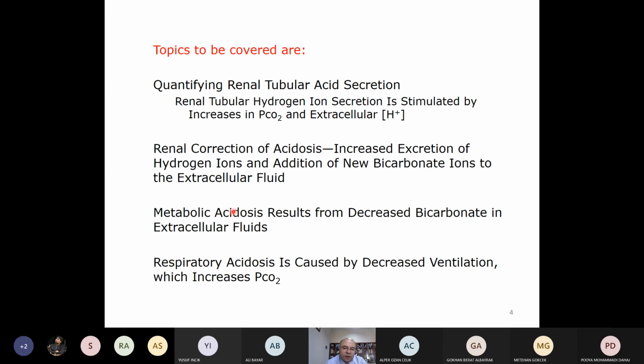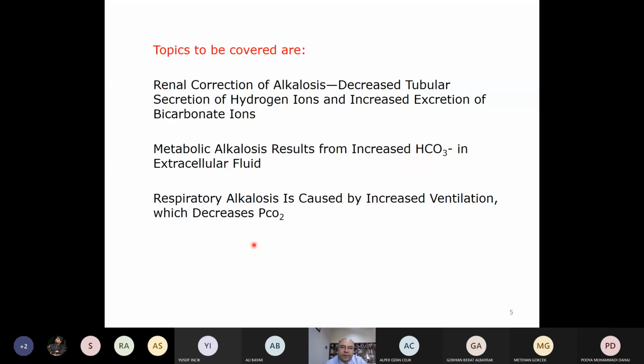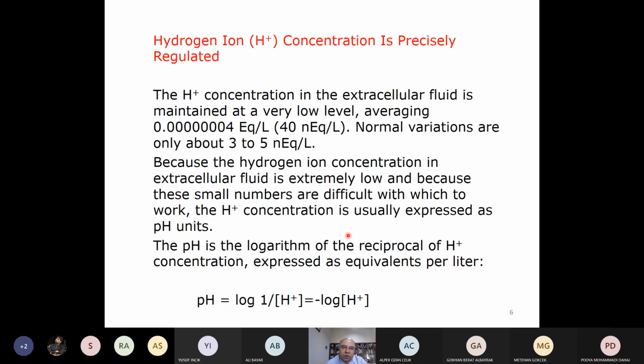And then respiratory alkalosis can develop. Renal correction of alkalosis: metabolic alkalosis results from increased bicarbonate. Respiratory alkalosis, I have just mentioned to you. These are the headlines. Now we are going to go into detail.